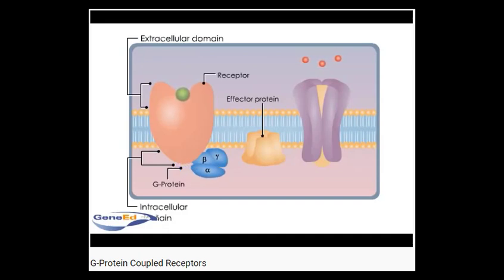Neurotransmitter binding activates the receptor, which in turn activates the G-proteins. G-proteins then dissociate from the receptor. At this point, G-proteins can either interact directly with ion channels or bind to other proteins, such as enzymes, that go on to open ion channels. Most of the biogenic amines and peptide neurotransmitters signal through G-protein coupled receptors.